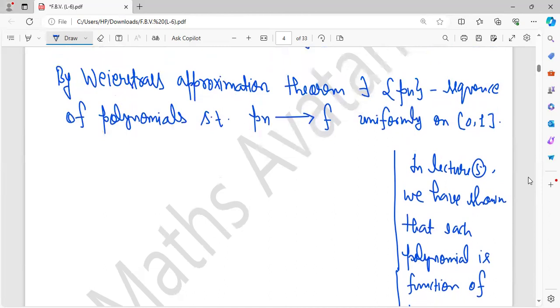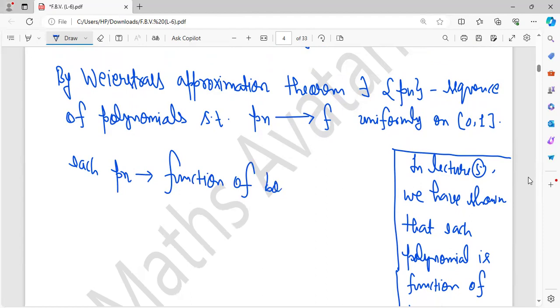So the Pn's are polynomials, each Pn a function of bounded variation on closed interval 0, 1.